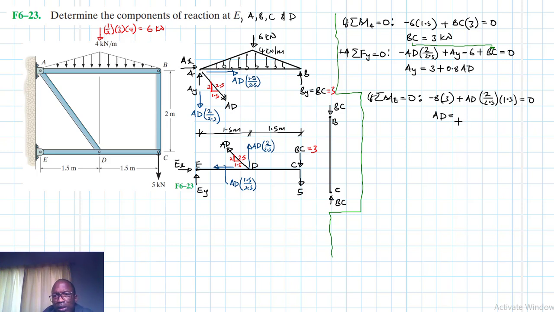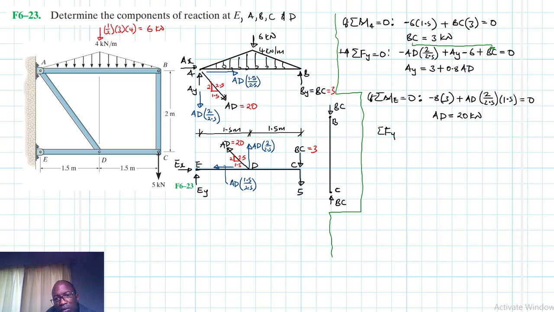So we have AD equal to minus 24 divided by 2 by 1.5 divided by 2.5, 20 kilonewtons. All right. So AD is equal to 20. Great. So let's find what EY is.